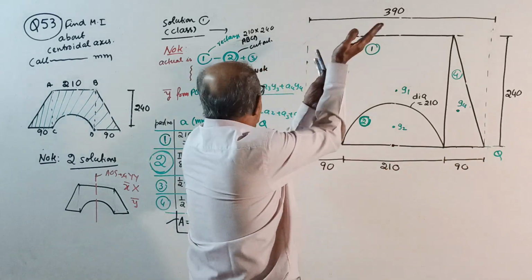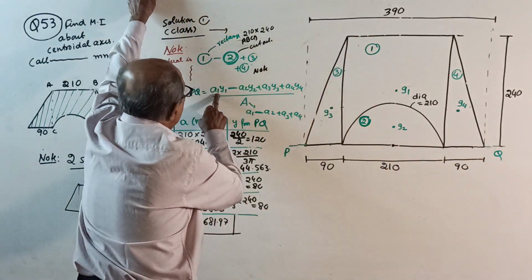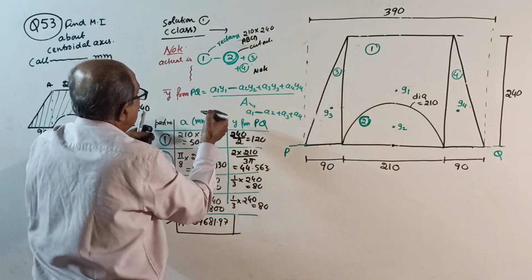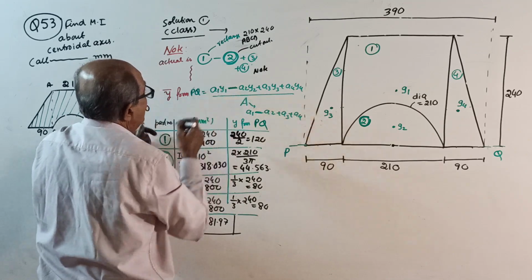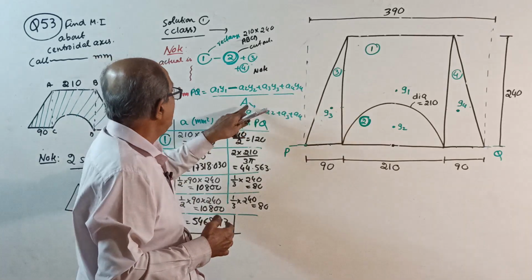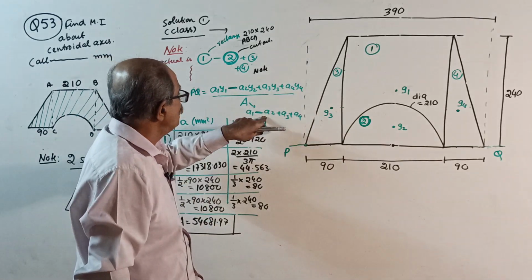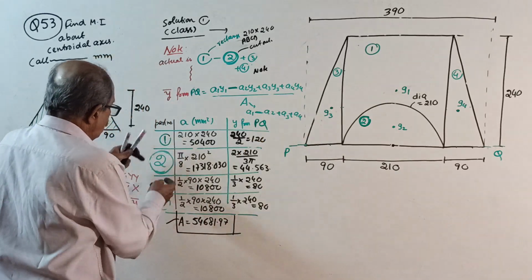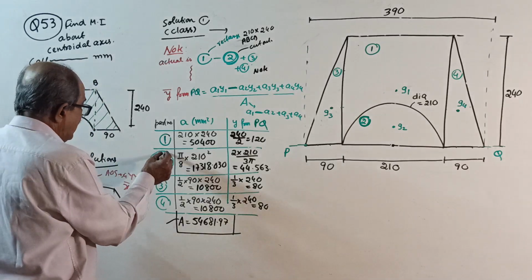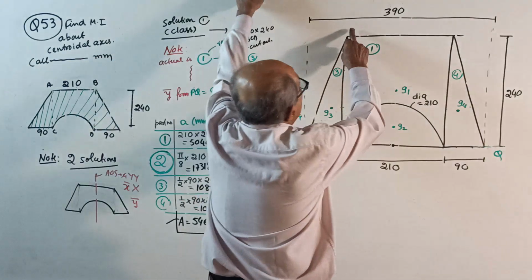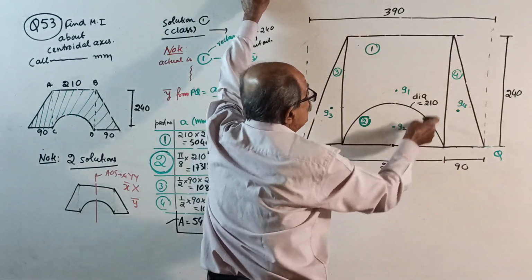Y bar from PQ equals A1Y1 minus, again be careful, I am warning, this is a danger one, minus A2Y2 plus A3Y3 plus A4Y4, divided by the total area, that is A1 minus A2 plus A3 plus A4. Start with A1: 210 into 240.